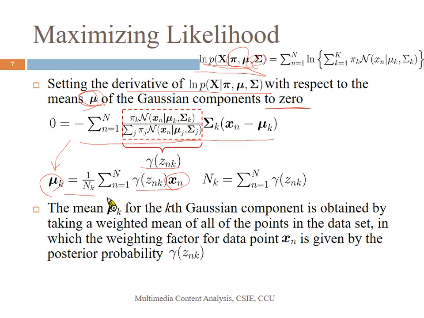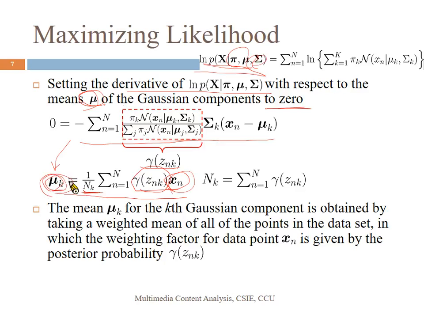So the physical meaning here is: how can we get the mean of the k-th Gaussian mixture component? The answer is we just linearly combine the data points by the posterior probability of the k-th Gaussian component, and take the average.